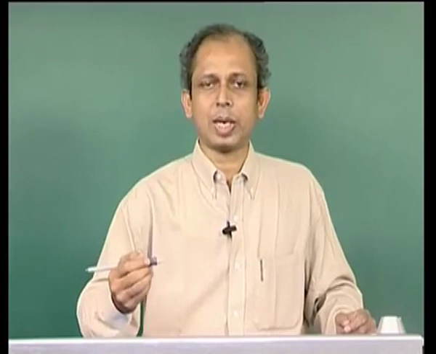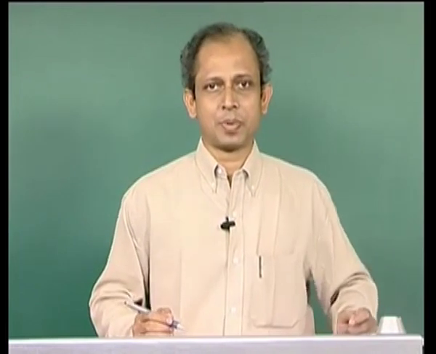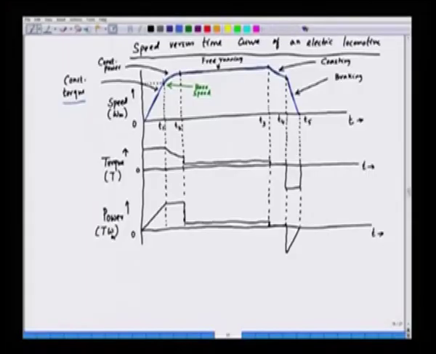We brake the motor electrically, and the kinetic energy of the whole locomotive is converted to electrical energy, which could be fed back to the supply in case of a regenerative braking mechanism. So, this is basically the speed variation: constant torque or constant acceleration, then constant power, free running, coasting and braking.